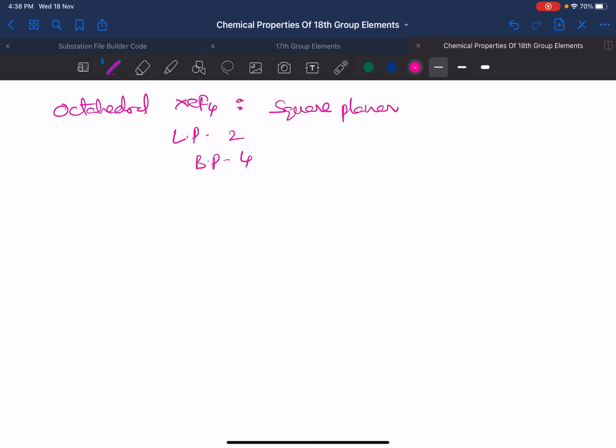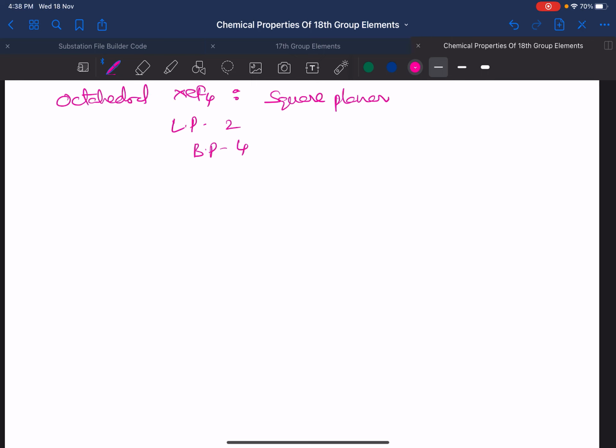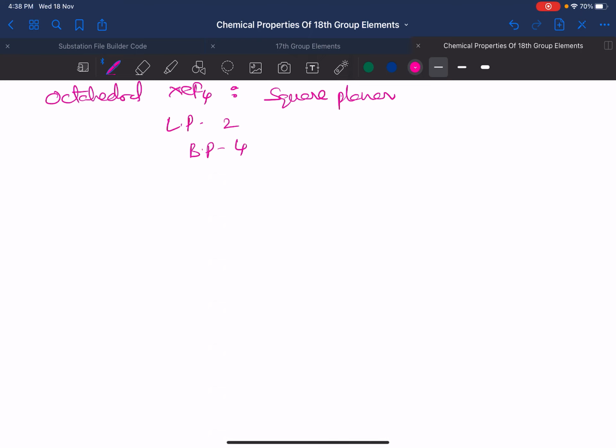Due to the repulsion between bond pairs and lone pairs, its structure is converted from octahedral to square planar. So we will draw the structure of xenon tetrafluoride. Xenon is the central atom.